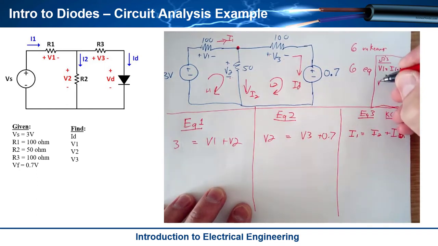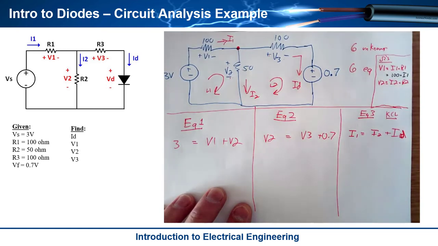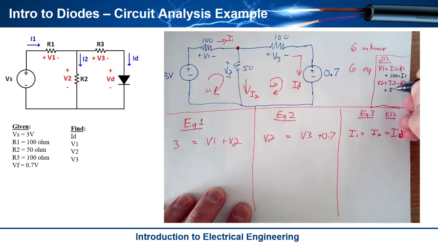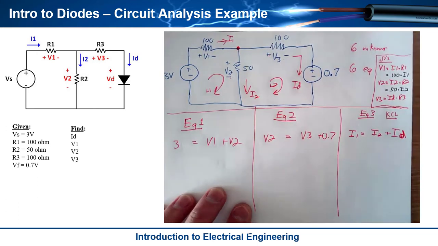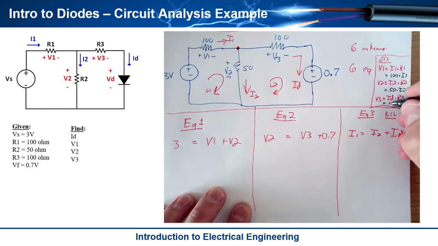And then let's do V2 is equal to I2 times R2, but again, let's rewrite it where we plug in R2, which is 50. So I'm going to have 50 times I2. And then finally, we have V3 is equal to ID times R3. And again, let's rewrite it. We're plugging 100 into R3, so we'll get 100 times ID.